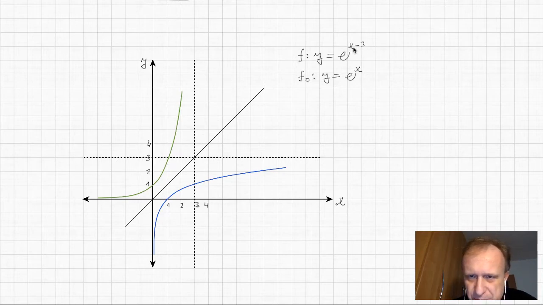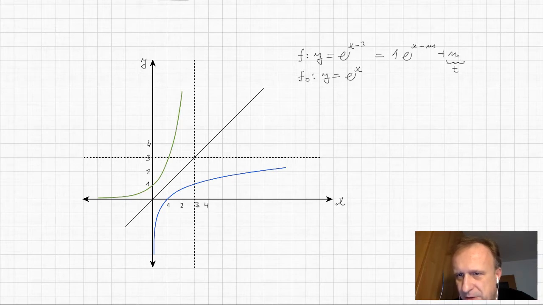Now I need to translate it through 3 units to the right, according to the fact that this can be understood as the function 1 times e to the power of x minus m plus n, where n is 0 and m is 3. It tells me by how many units to translate the graph, so I translate this green graph by 3 units to the right.